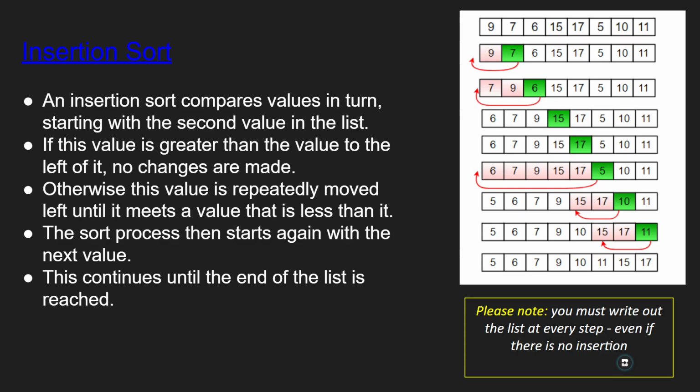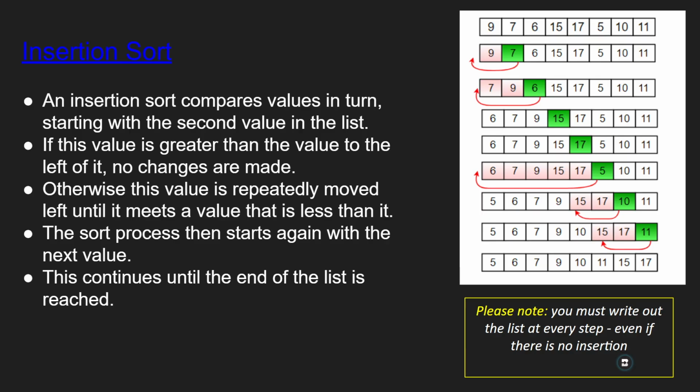Otherwise, the value we are checking is repeatedly moved left until it meets a value that is less than it. The sort process then starts again with the next value, and we keep continuing this until the end of the list is reached.